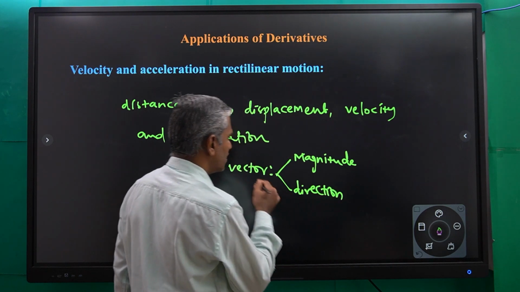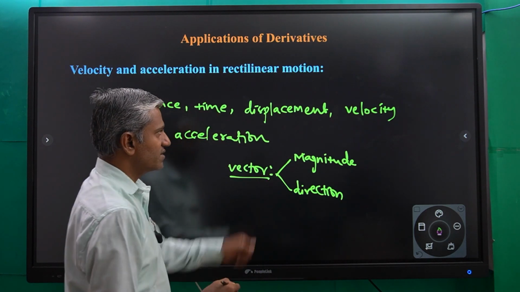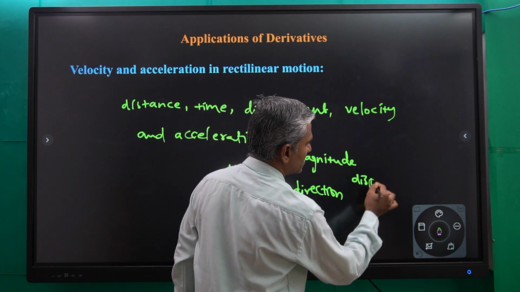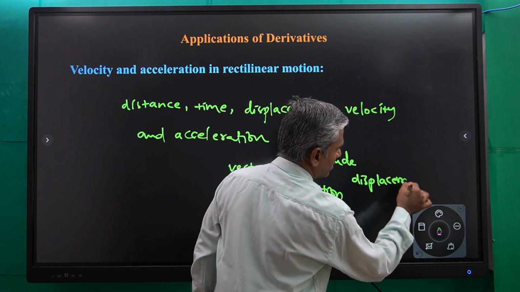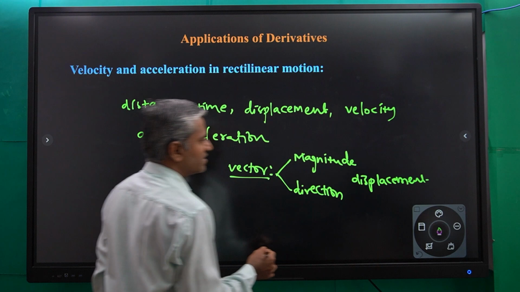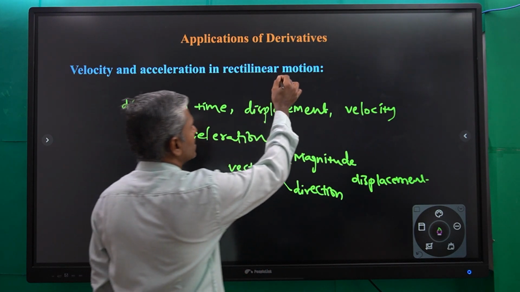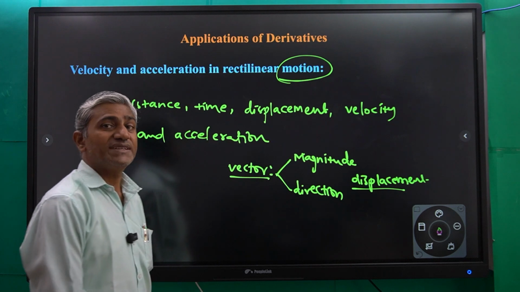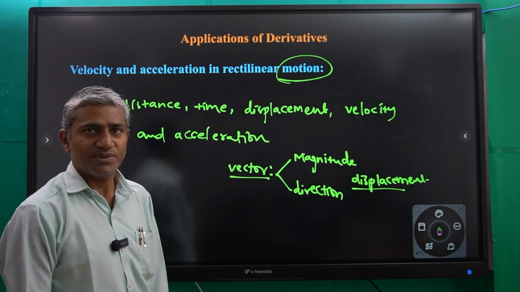That is the reason it is called a vector. An example of a vector is displacement, because when discussing motion, we need to know the direction also.